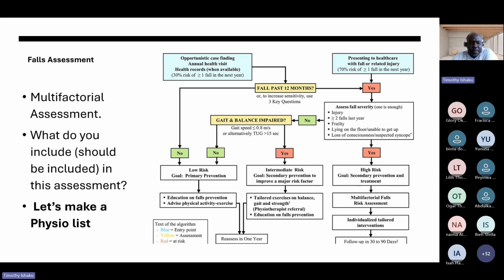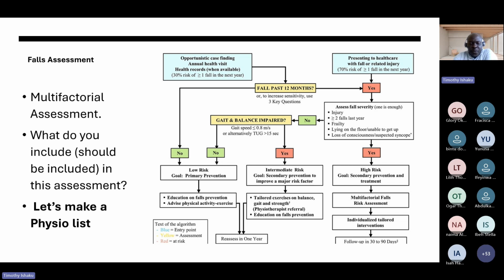So let's start from the beginning. Right on the top, that is the entry point. The one that is colored in blue. It's about how you possibly can come across the patient with falls.